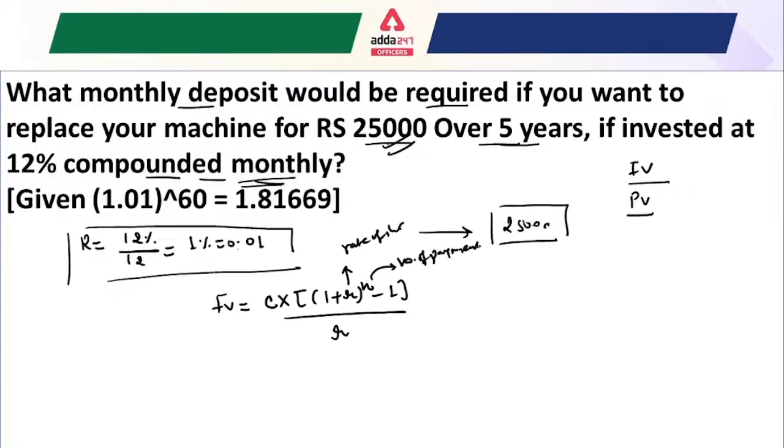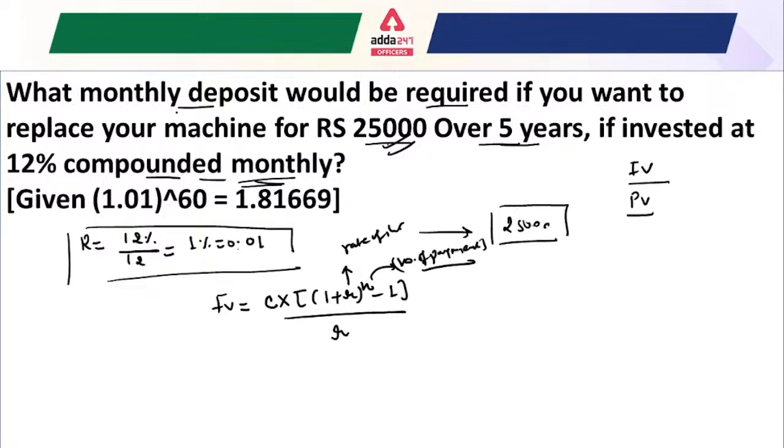When I was explaining the annuity chapter, there were terms like n equal to 3 years, 2 years. You are confused between the meaning of the number of payments and the number of years. So here we are going to understand the basic difference between the number of payments and the number of years. This n denotes the number of payments.